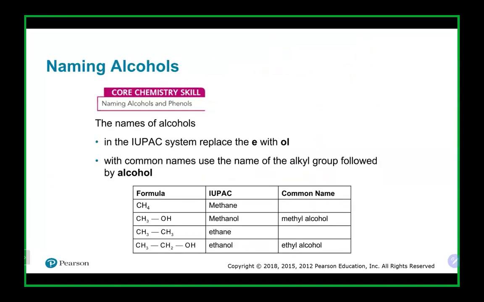So let's talk about alcohols, and we talked about naming alcohols as we diverged last time. Alcohols have our functional group of OH, and the name ends in OL. That is how we basically name alcohols.